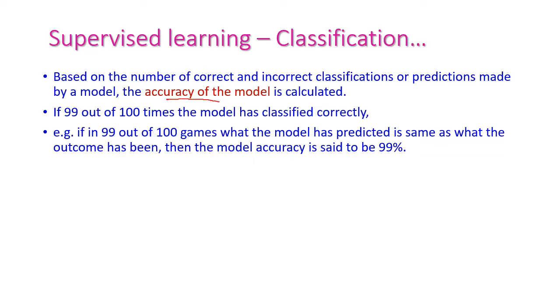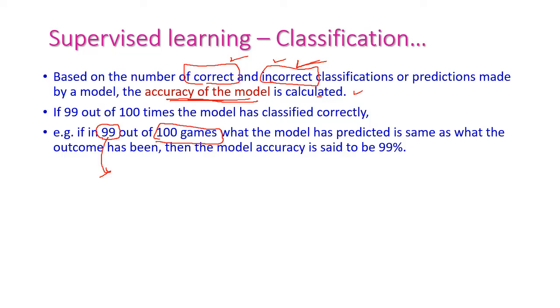Here, the accuracy of the model is calculated based on the correct and incorrect classifications, that is, whether the model predicted correctly or incorrectly. For example, we are having 100 games. In that, 99 games are predicted correctly.